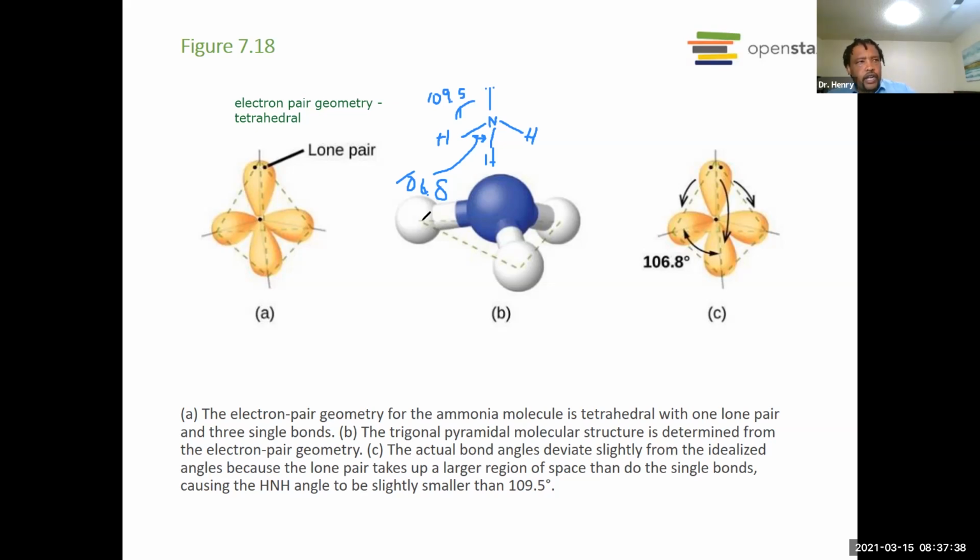It's hard to see. So the lone pairs are going to affect how they react, and then this guy is going to look different. This is now called the molecular geometry.